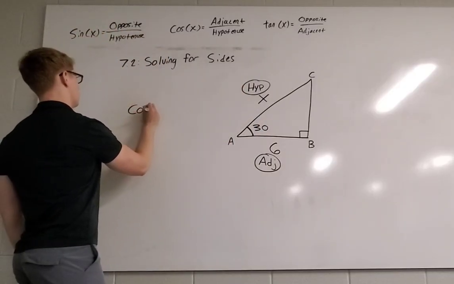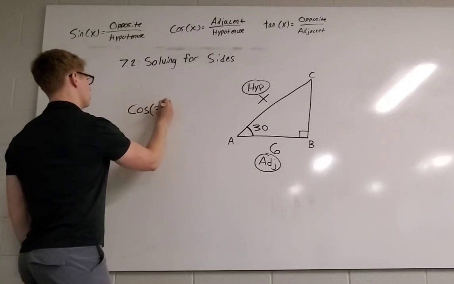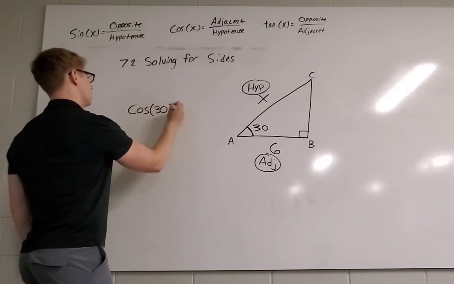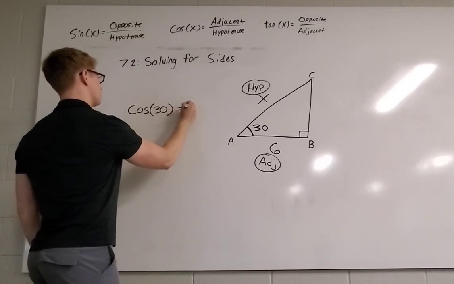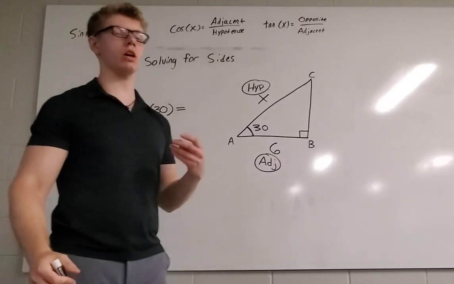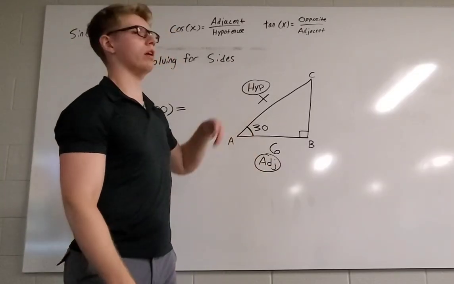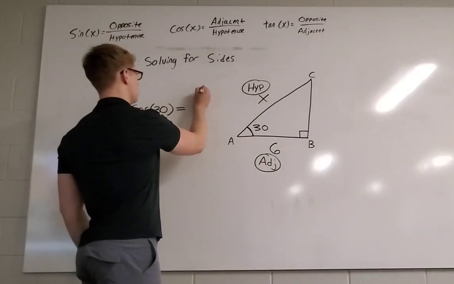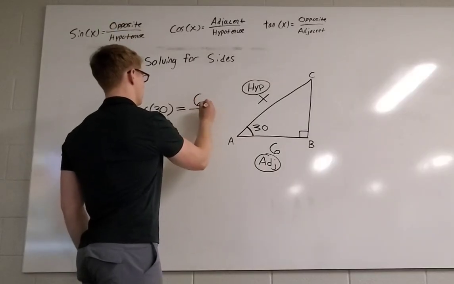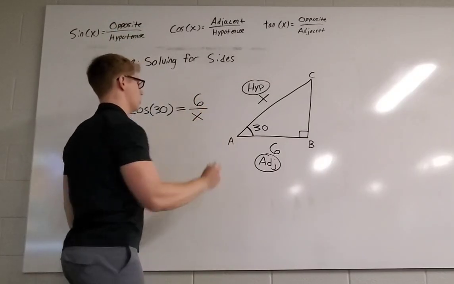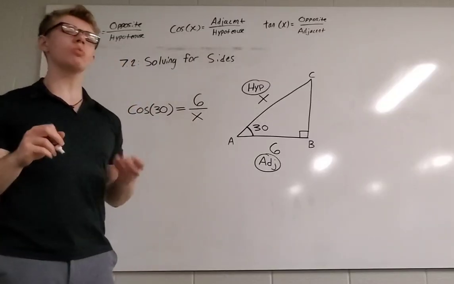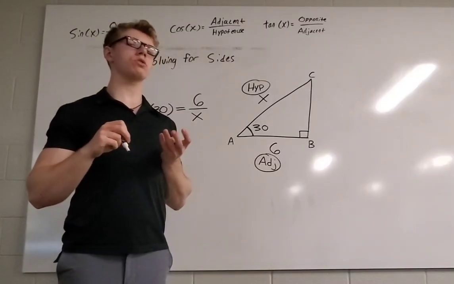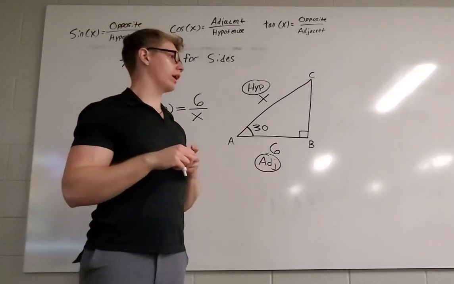And just like before, we're going to put our 30-degree angle inside of our parentheses here. We're talking about adjacent over hypotenuse. So this time it's going to be a little bit different, right? We're going to put that adjacent 6 on top and the x in our denominator. This one's going to require some more steps, okay?